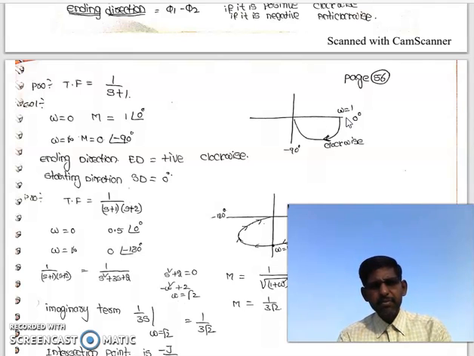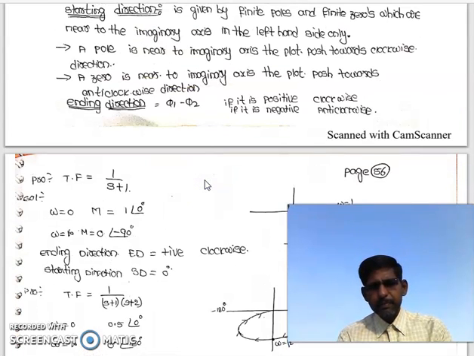At omega equal to 0, the magnitude is 1 and the angle is 0 degrees, so we start from here. Why do we go in the clockwise direction, why can't we go like this? Since we have minus 90 degrees, we need to move like this. If it were plus 90 degrees, we might have moved in the first quadrant.